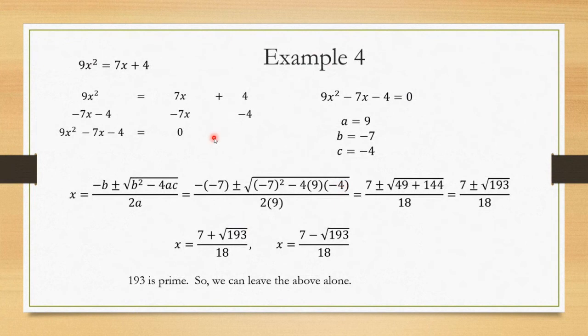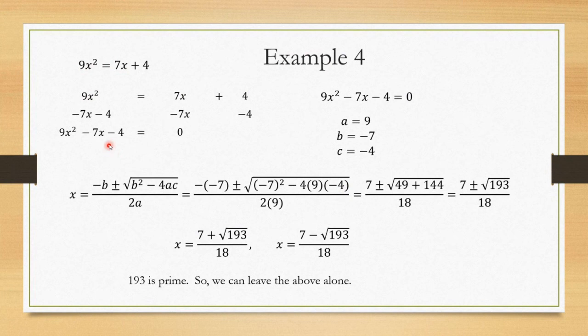Okay, so here's this one. We have 9x squared equals 7x plus 4. But again, this is not in standard form, right? We want the right-hand side equal to 0. So what I'm going to do is bring 7x plus 4 to the other side by subtracting. That's what I'm doing here. And so we get 9x squared minus 7x minus 4 equals 0. Now, we're using the quadratic formula.